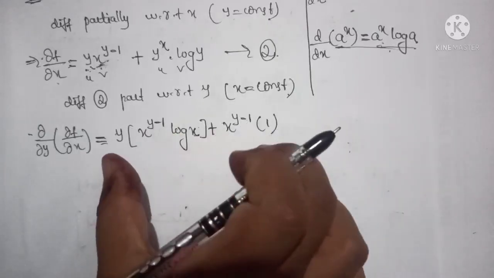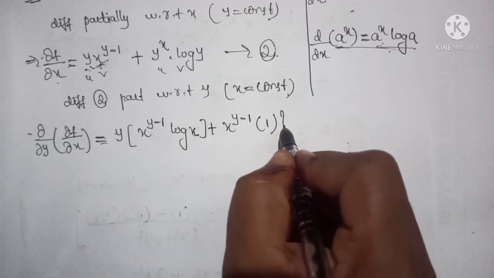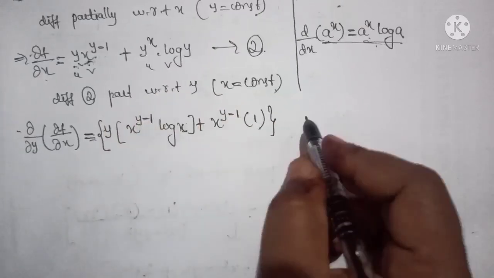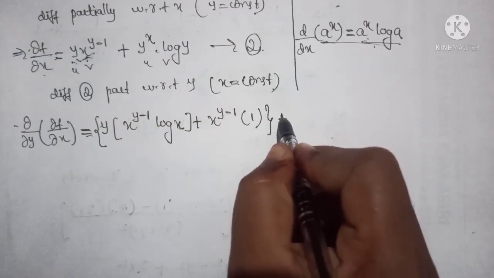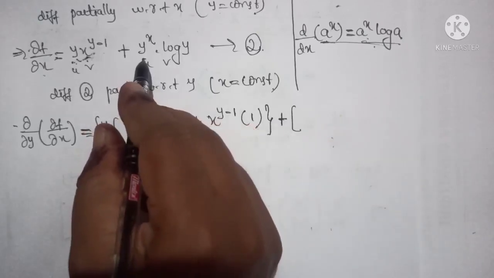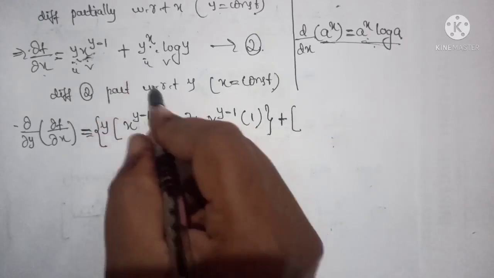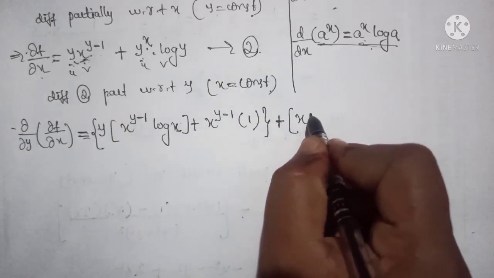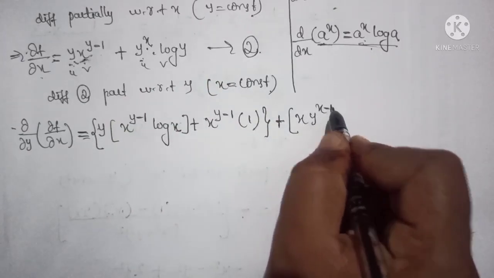So this term is completed. Now come to the second term. Again for this term also the same formula, y raised to x, so it is in the form x raised to n, so y raised to x differentiation is x, y raised to x minus 1.